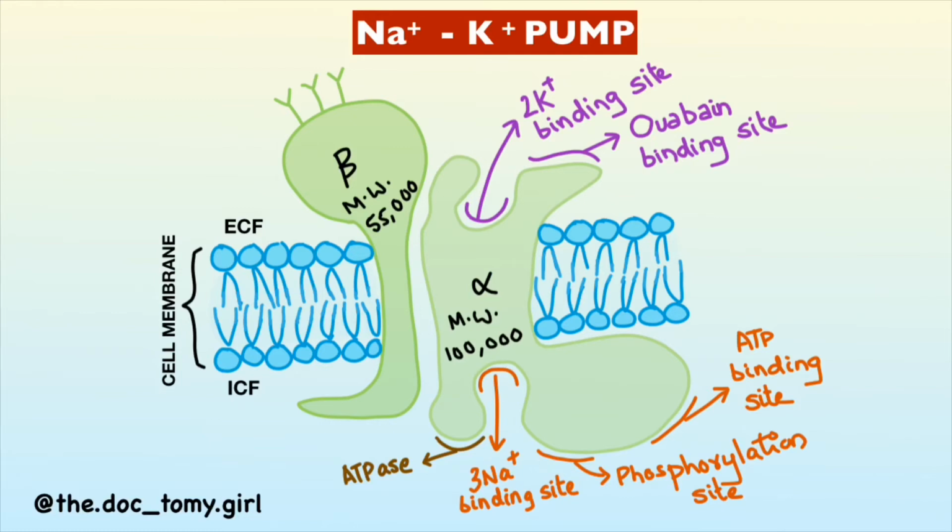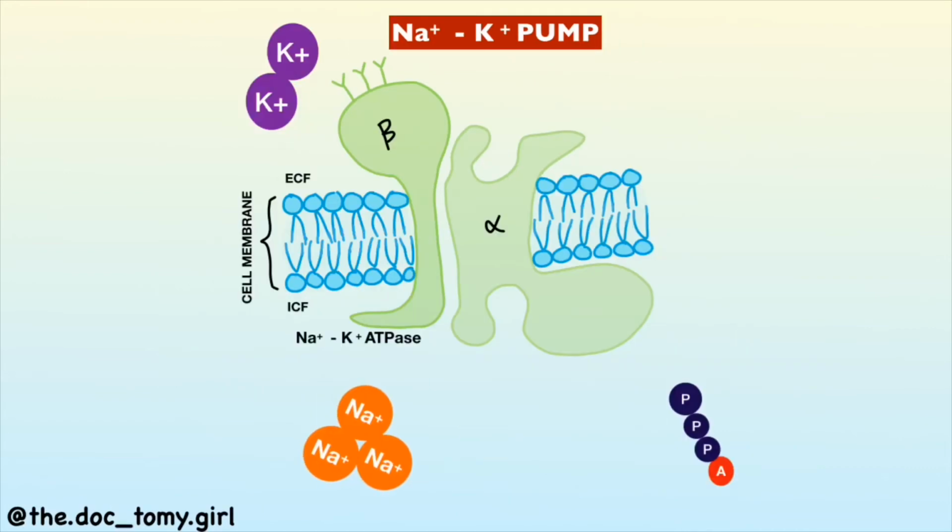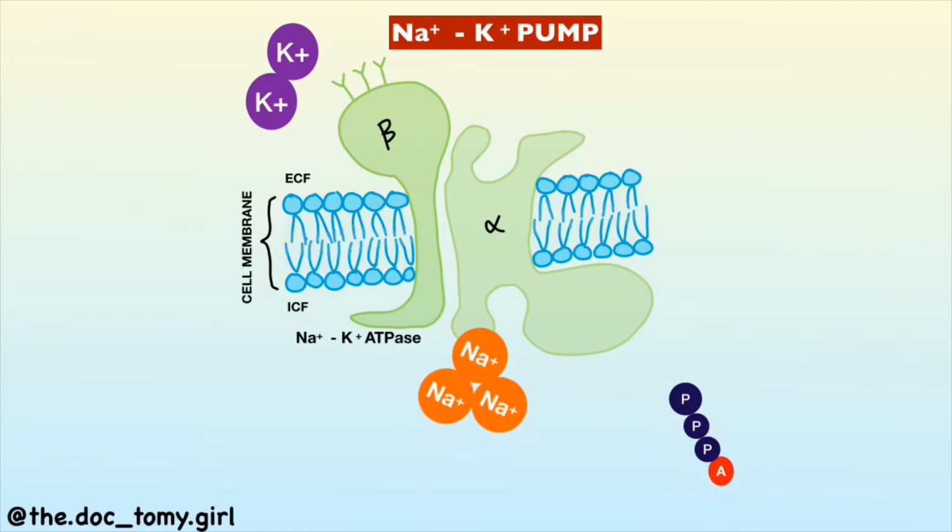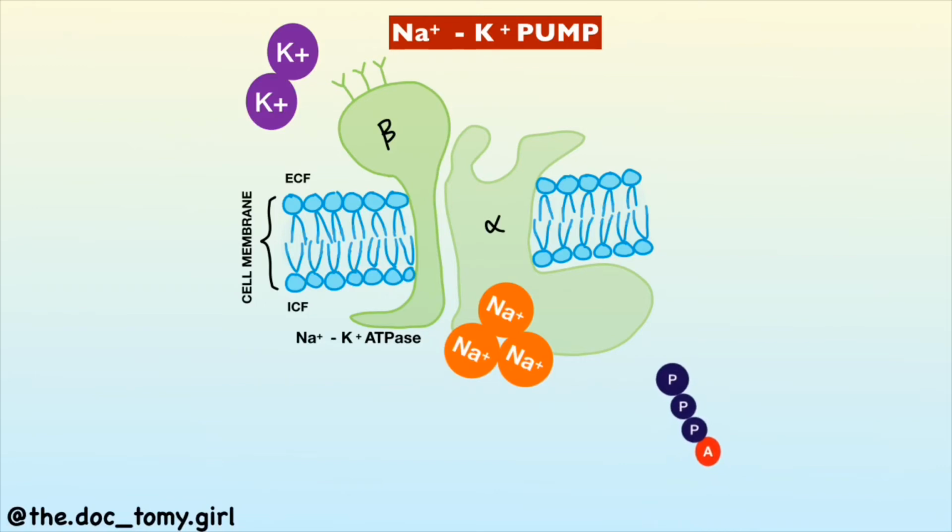Now let's see the mechanism of action of the sodium potassium pump. As I already said, it is a P-type ATPase. Thus, phosphorylation and dephosphorylation of the carrier protein lead to the transfer of ions across the cell membrane. The binding of 3 sodium and 1 ATP molecule to their respective sites on the alpha subunit activates the enzyme ATPase that catalyzes the hydrolysis of ATP, that is adenosine triphosphate, to ADP, that is adenosine diphosphate, liberating a high energy phosphate bond.